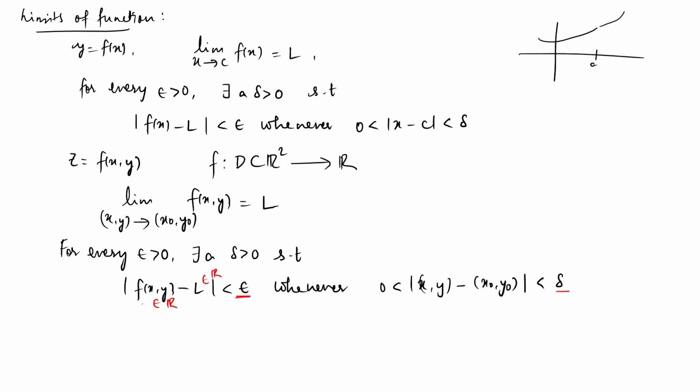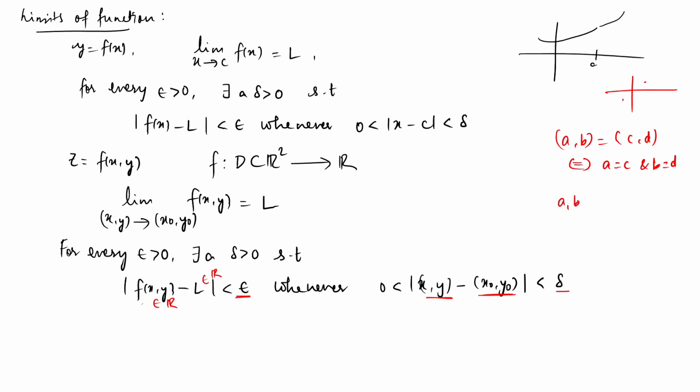This delta is a real number, but x y and x0 y0 are coordinates. So when you have two coordinates A B and C D, that is, you have chosen 2 points in the plane, when can we say these 2 points are equal? This will happen only when A and C are the same and B and D are the same. That we know, right?